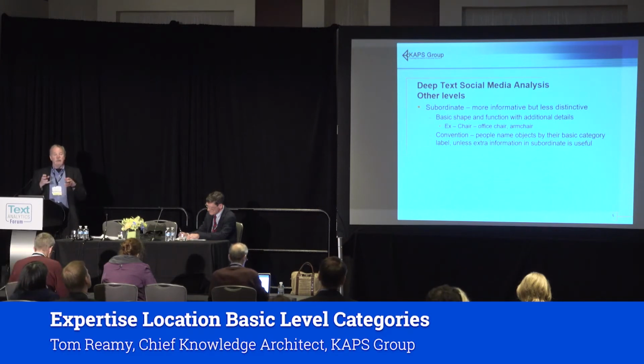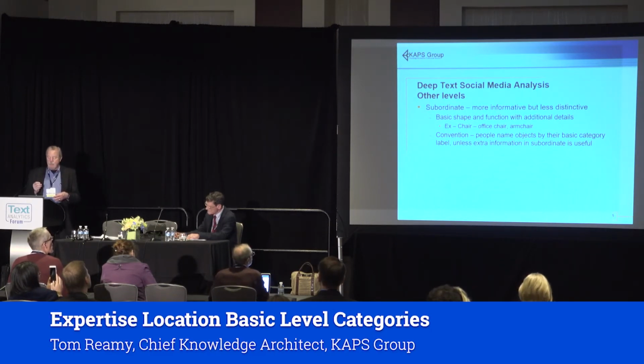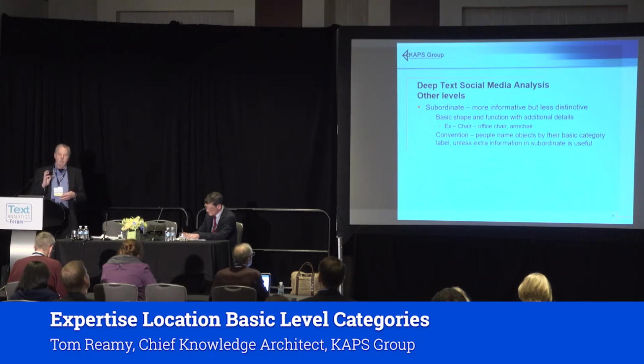They tend to have basic shapes associated with them, and they tend to be very functionally focused, with additional details added. The convention, both in text and in person, is that people identify something at the basic level unless there's some reason for identifying a higher or lower level. So the basic level is where you can find most of the words in text and also in conversation.